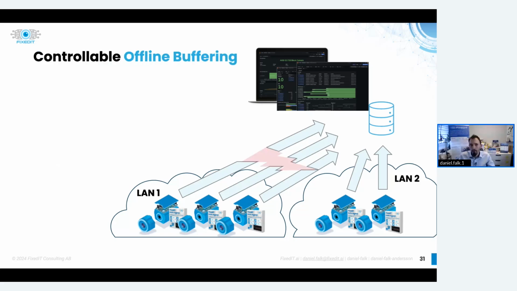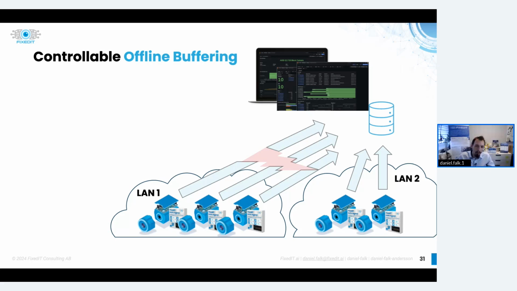And one benefit that you get with a fixed data agent is controllable offline buffering. So if we consider our site here on LAN 1, which is suddenly losing connectivity to the database, losing internet access or losing network connectivity to the subnet where the server is located, instead of losing this data, the fixed data agent will now start buffering up all these metrics that are collected and continue to collect metrics just as usual.